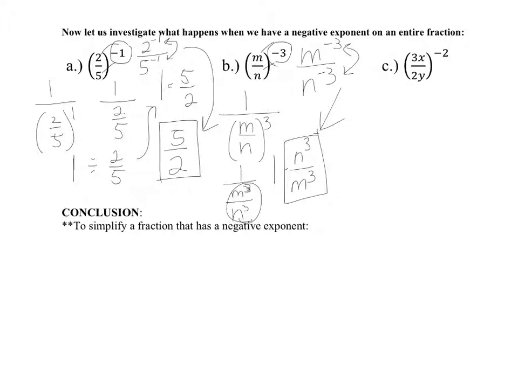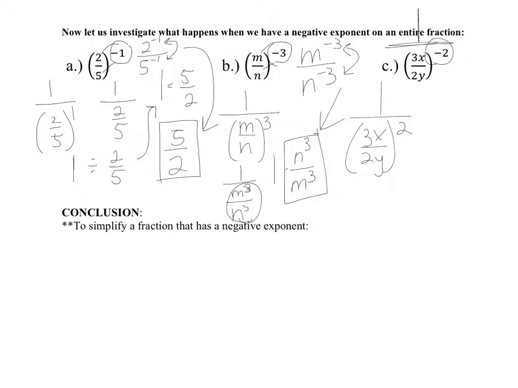So let's say here, this is a negative exponent, so I've got to do 1 over that entire thing, right? So it's going to be 1 over the 3x over 2y to the positive 2nd power. Well, before I do anything, I have to square everything in there.